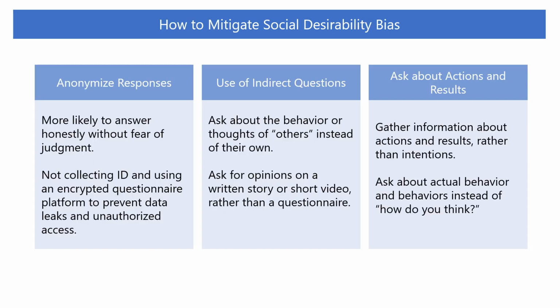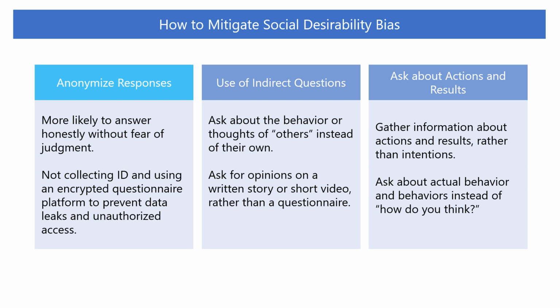In order to effectively reduce social desirability bias, it is important to apply strategies that encourage honest responses and relieve the pressure to conform to socially acceptable responses. The first is to anonymize responses.